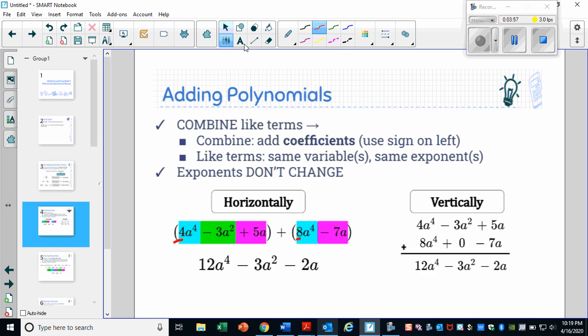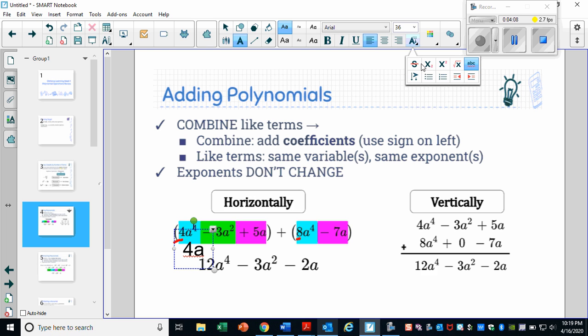So here we add 4a to the fourth plus 8a, that is also to the fourth.